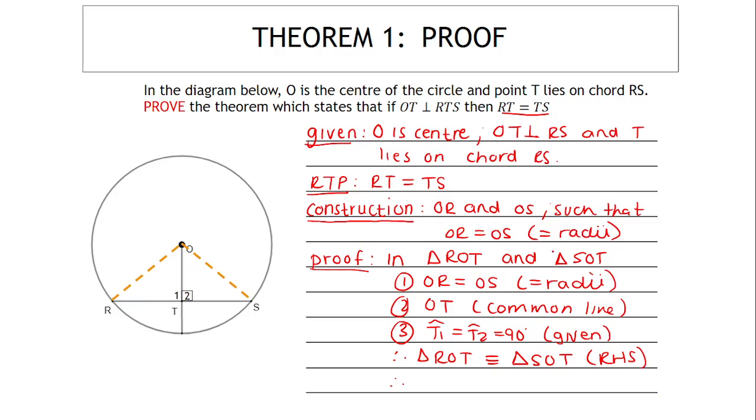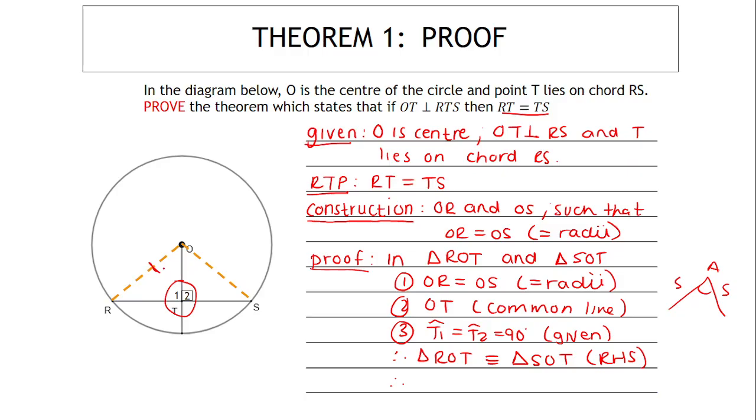Because remember, if I'm going to use side angle side, it needs to be corner heavy. So it has to be the side and the angle that joins the two sides, the angle that's adjacent to the side. But with RHS, all we need is a right angle, a hypotenuse, and a side. And that's what we've got. We've got the right angle.